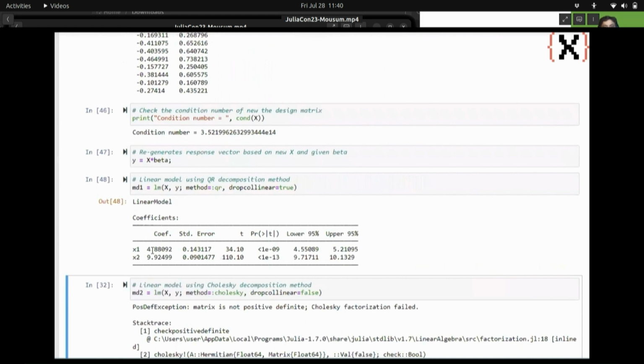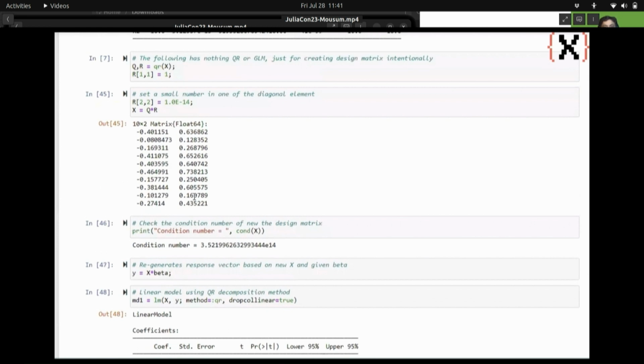We see that the accuracy decreased. Instead of 5, beta 1 is 4.88092, and instead of 10, it is 9.2499. So it is correct up to 0 decimals.